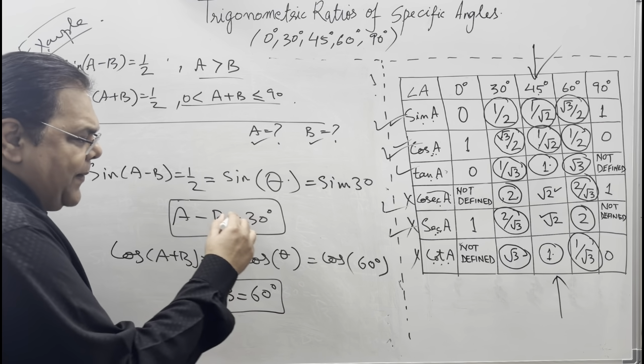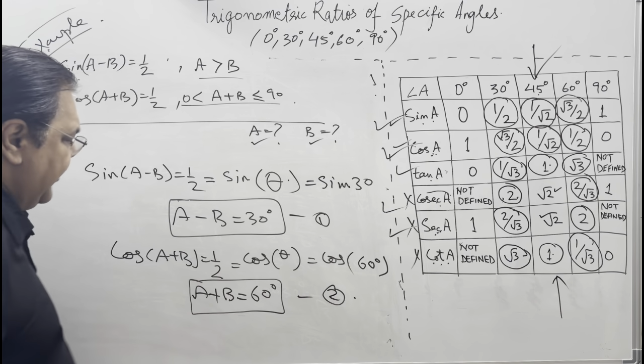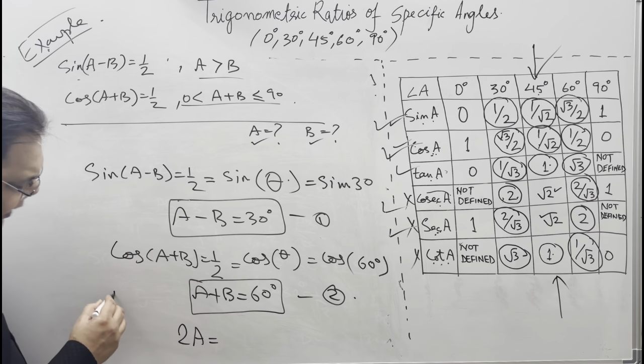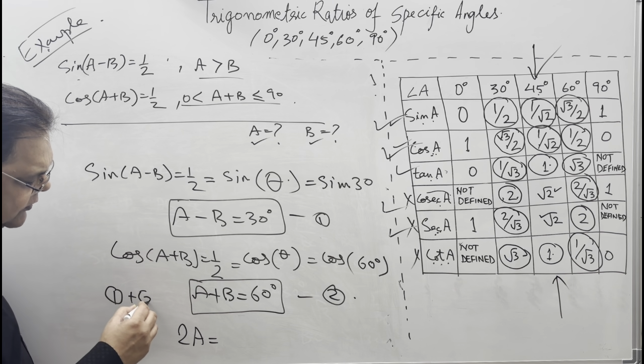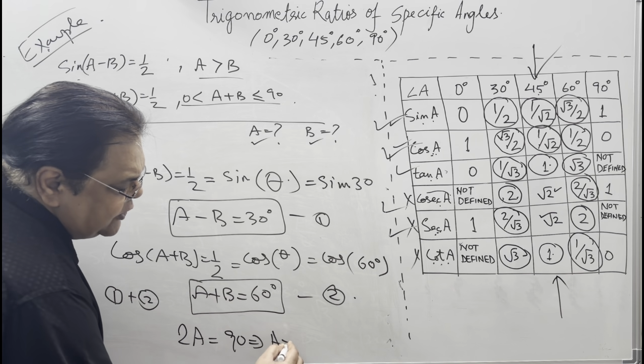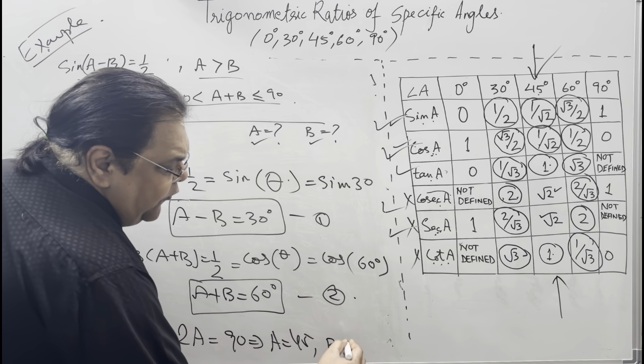Now you solve for A minus B and A plus B, equations 1 and 2. When you solve, what do you get? If you add 1 and 2, you get 2A is equal to 90, which implies A is equal to 45 degrees. And when you calculate, you get B is equal to 15 degrees.